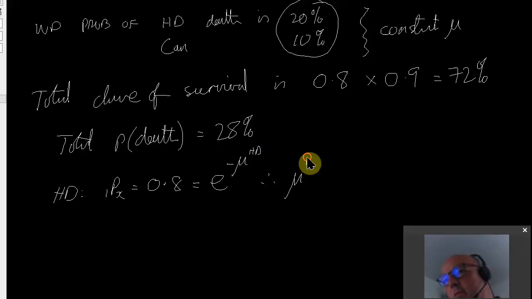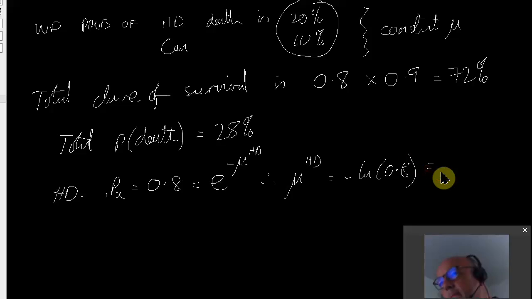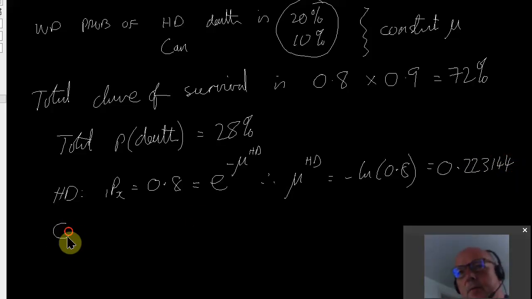Therefore, mu heart disease equals minus log of 0.8, which equals 0.223144. Now do cancer.